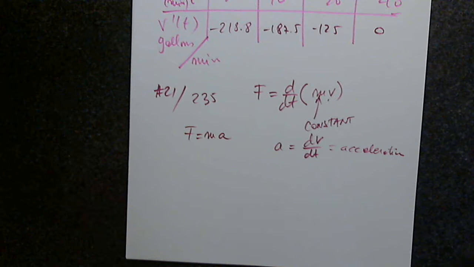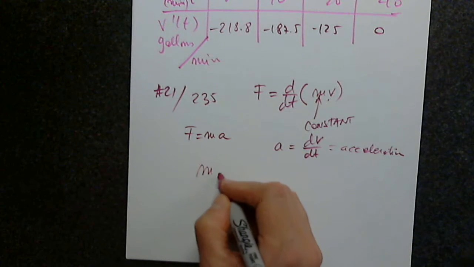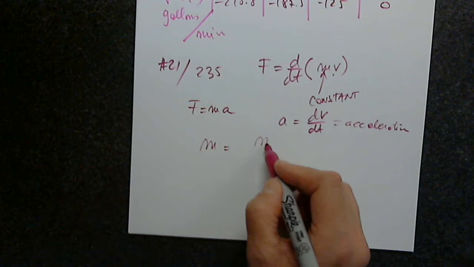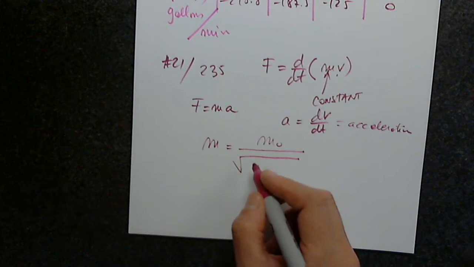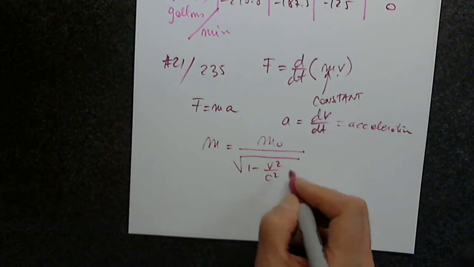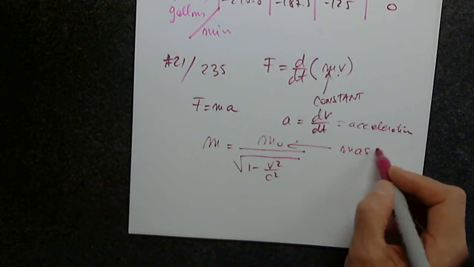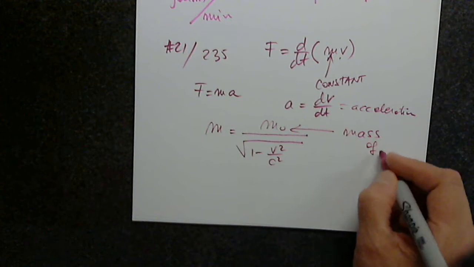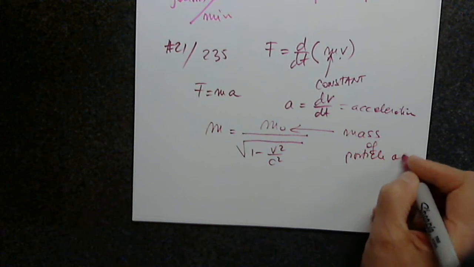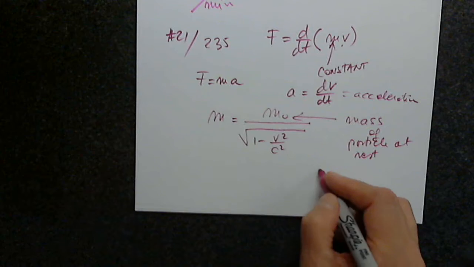But in the theory of relativity, the mass of a particle varies with v, so this is not going to be a constant. So we have m equals m0 divided by the square root of 1 minus v squared over c squared. m0 is the mass of the particle at rest, and c is the speed of light.